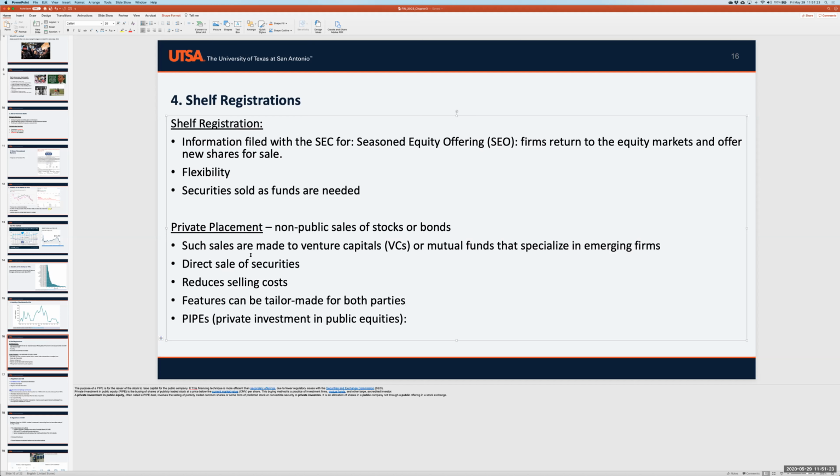We call them angel investors, and they may also be venture capitalists. Anyway, in order to reduce the cost of intermediaries, they can go privately and sell their shares to venture capitalists, which is called private placement.